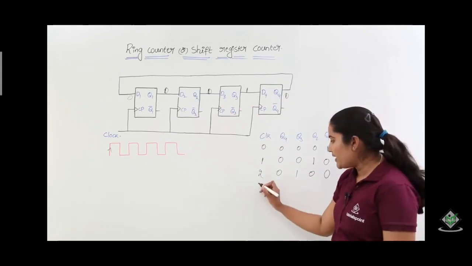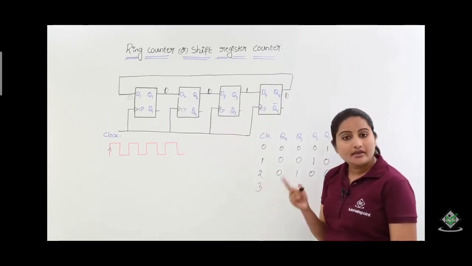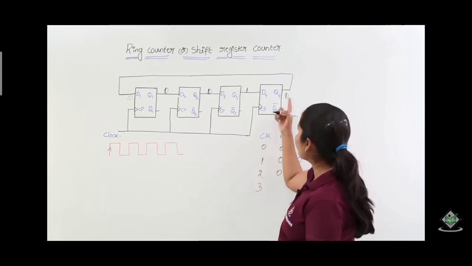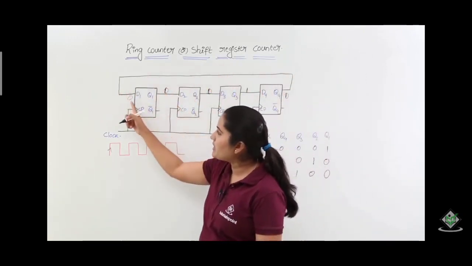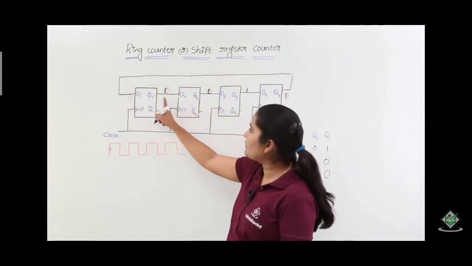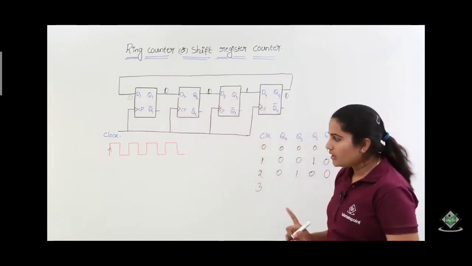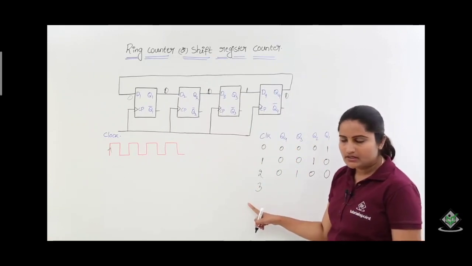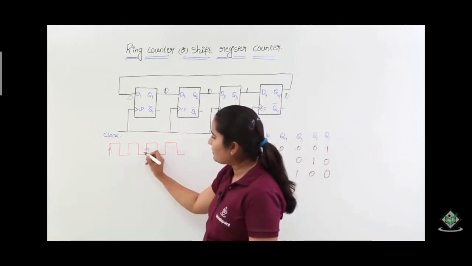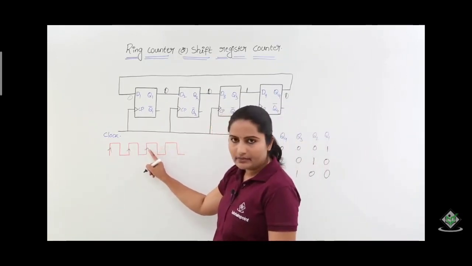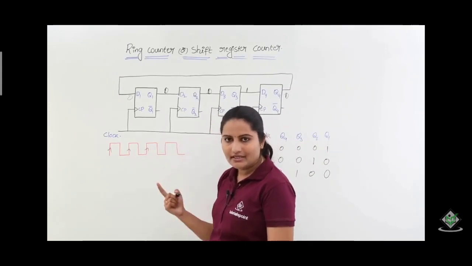Now, to apply the third clock pulse, again you need to get ready with inputs. That means this flip flop is ready with 0, this is ready with 0, this is ready with 0 and this is ready with 1. Now you can apply your third clock pulse. When I applied the third clock pulse, that means the third rising edge came.